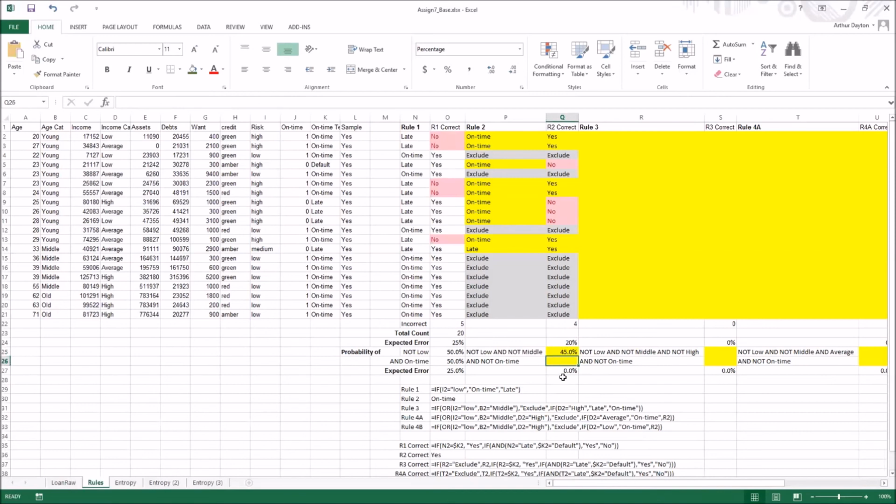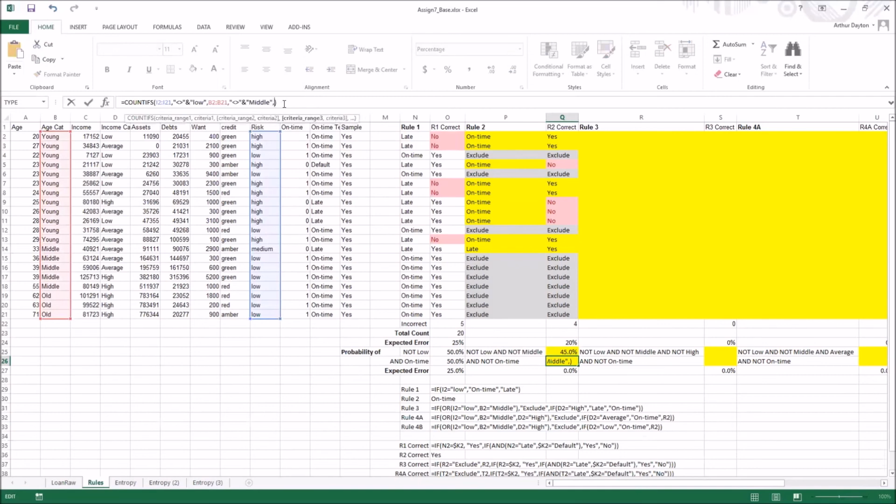And then we need to calculate the probability of not being on time for that, because we would be predicting on time. So let's go ahead and calculate that. So really to do that, we just need to copy this piece of the formula from up here. We can add in the additional criteria of not on time.